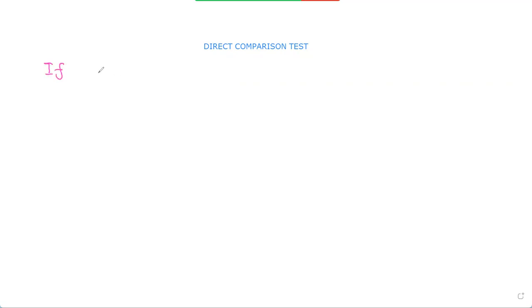So it says that if a_n is greater than or equal to 0 and b_n is greater than or equal to 0, then we have two specific conditions.